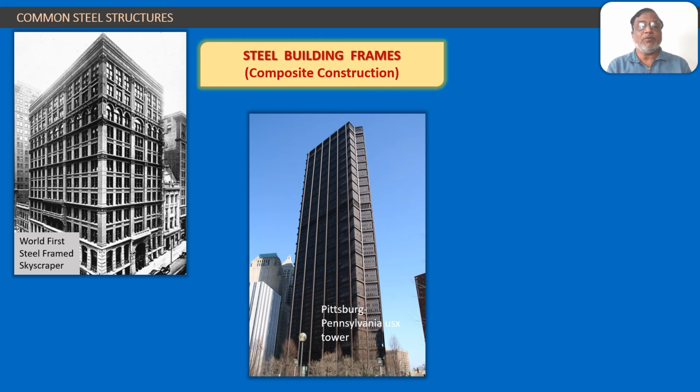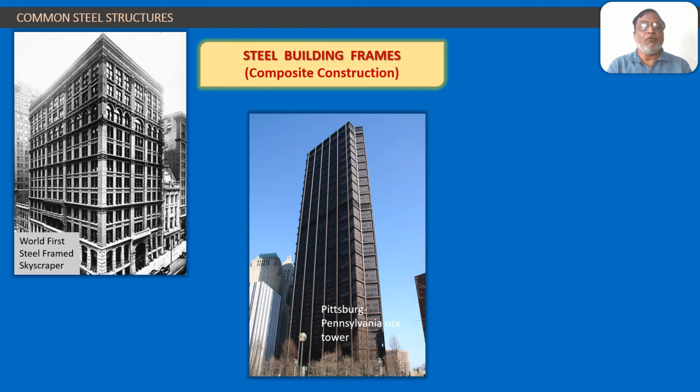For these buildings, it is not economical and it is not feasible also to have only reinforced cement concrete as the construction material. Here we have to take help of steel for its high strength and weight ratio. These two advantages of steel make it compulsory for its use in the skyscraper type of buildings or the high-rise buildings.